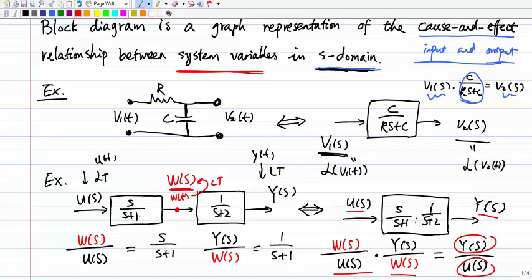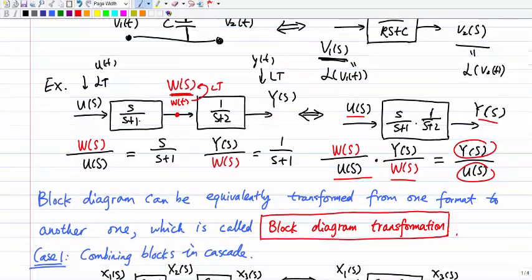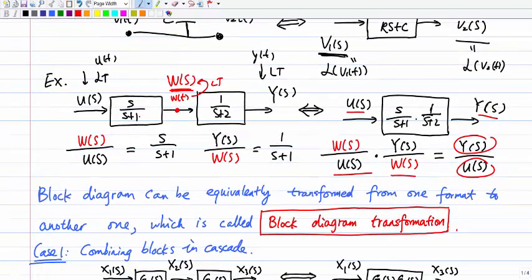Next, one important property we're going to talk about is block diagram transformation. The reason we do that is, if I give a complex system, typically we want to figure out the relationship between input and output. For example, I have a very complex system. How do I handle a block diagram where the blocks are connected in complicated ways?